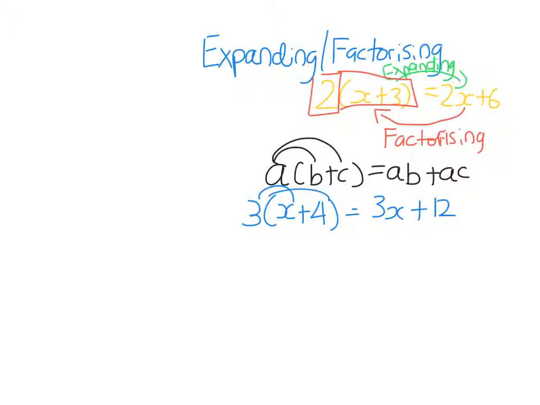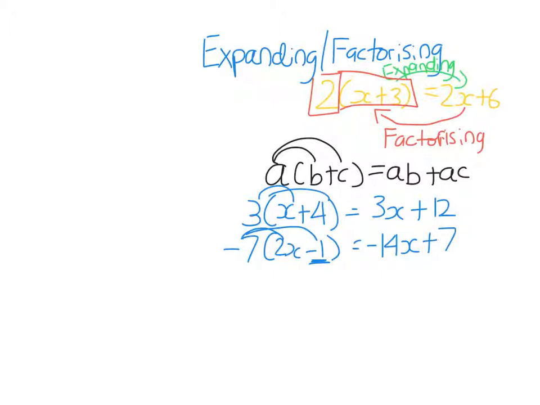So if we have a negative out the front, we do this similarly. Don't try and do it any differently. Minus 7 times 2x, so that's a negative times a positive, which is a negative, and then minus 7 times not 1, but minus 1. Minus 7 times minus 1 is positive 7.